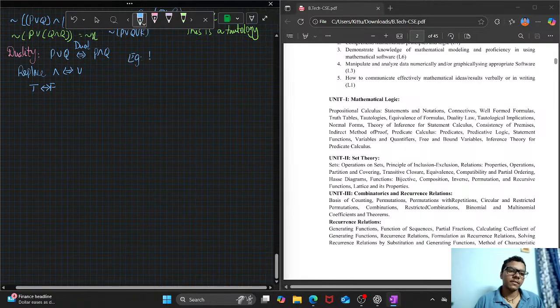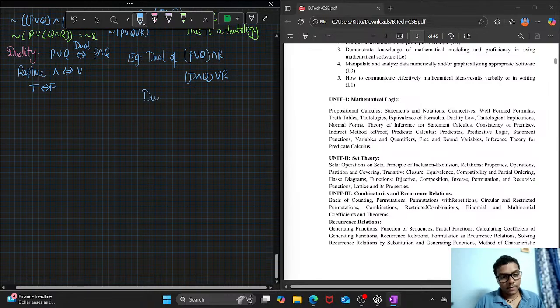For example, the dual of, let's say, this statement P or Q and R would be P and Q or R. I just replaced the or with and, and and with or. That's it.